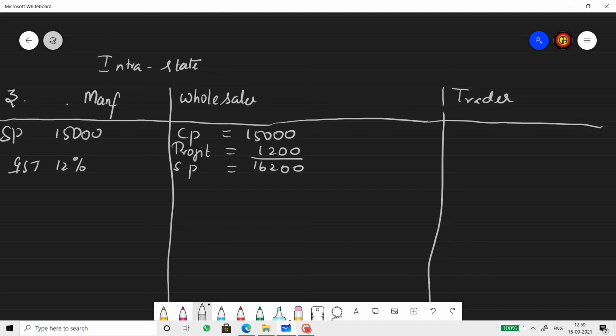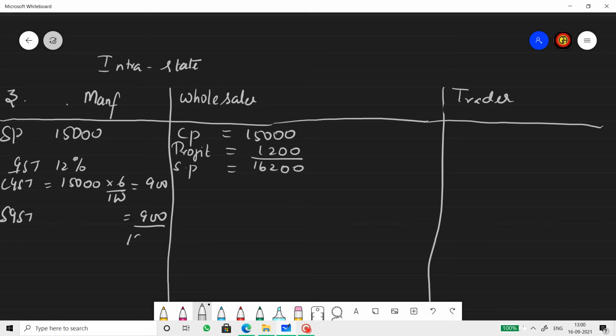Out of 12%, 6% is CGST, 6% is SGST. So I'm going to first calculate the CGST amount, which is 15,000 into 6 divided by 100, which works out to 900 rupees. SGST will also be the same figure, because on the same amount we are going to calculate 6%. So that is also 900.